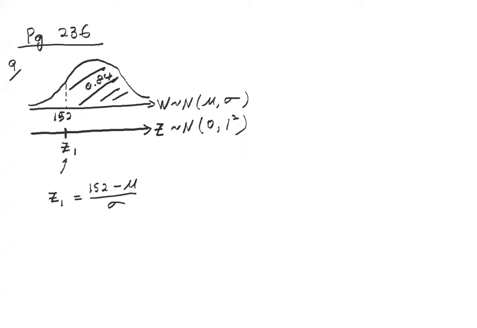Now how to find Z1 using your graphic calculator? Everyone, go to your graphic calculator, go under distribution. You tell me which one to use. 1, 2, 3, which one to use? Yes, Gladys?